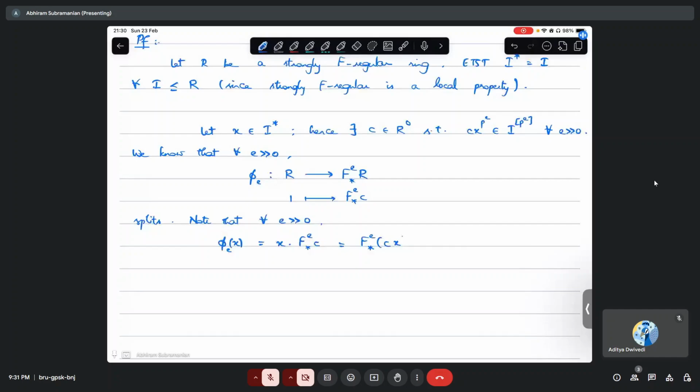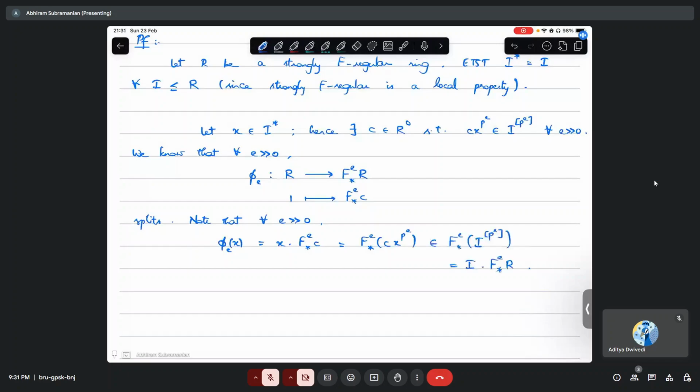But this is precisely equal to I dot Fe star R. Because once you take an element inside the Frobenius push forward, you have to raise it to the power of p^e, and so when you bring it out, it's just that.